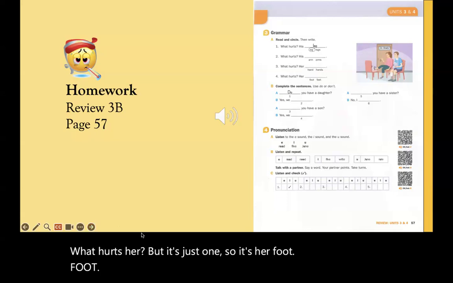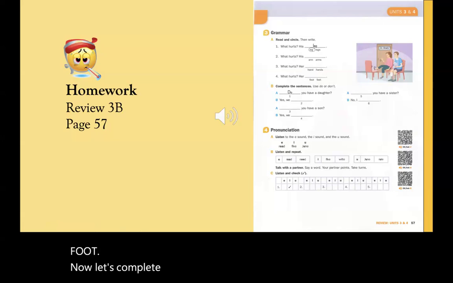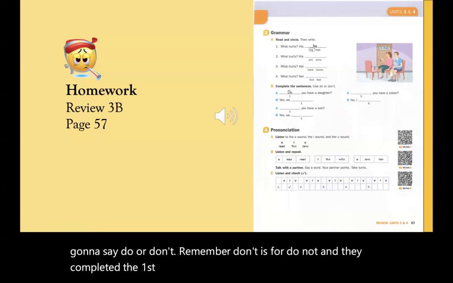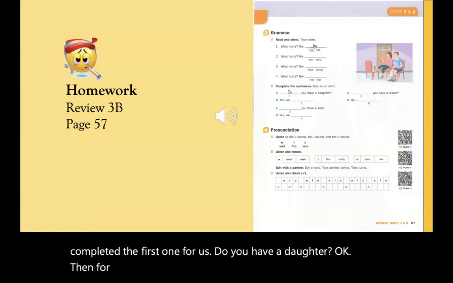Now let's complete 3B. It says complete the sentence. We're either going to say do or don't. Remember, don't is for do not. They completed the first one for us. Do you have a daughter? Then for A, do or don't you have a sister?